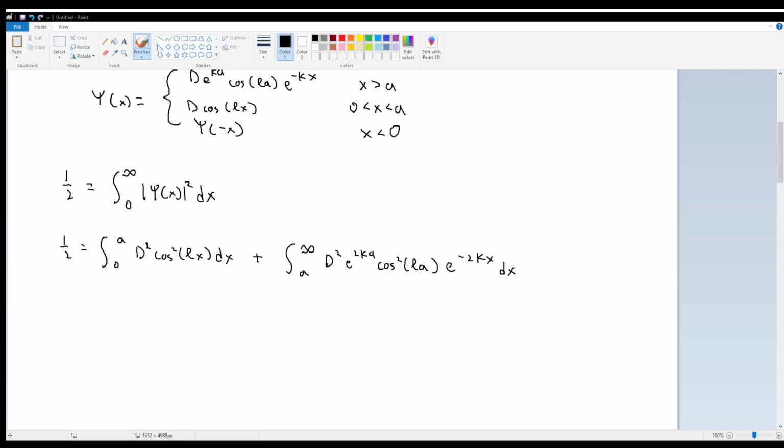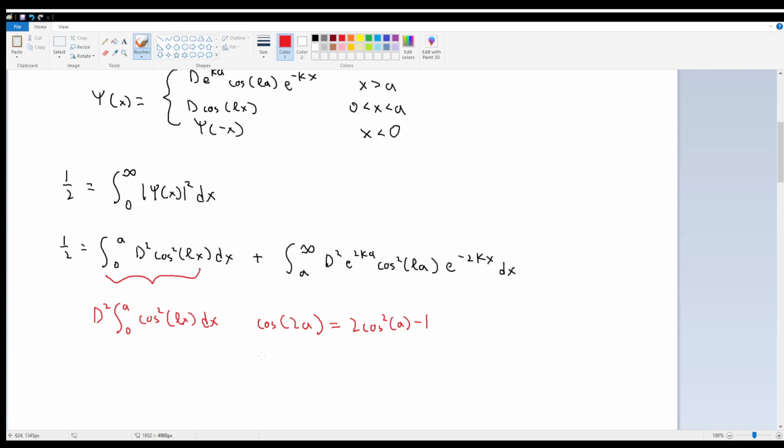The double angle formula. Let me just double check this. Yes. To do this first integral, we have to take advantage of the double angle. This is D squared times the integral from 0 to a of cosine squared lx dx. Cosine of 2 times a is equal to 2 cosine squared a minus 1.